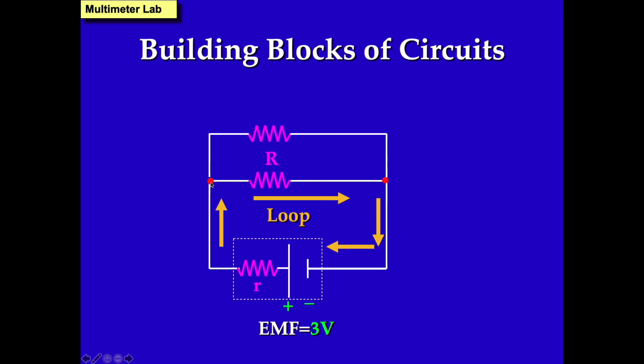This point in the circuit is tied to the 3 volts. The above point in the circuit is tied to the 3 volts. So the left-hand side of the 2 resistors are at 3 volts. And if I ground the negative side, and if I make it 0, then the right side of each is at 0. So the potential drop across each resistor is 3 volts. We say that they're in parallel.